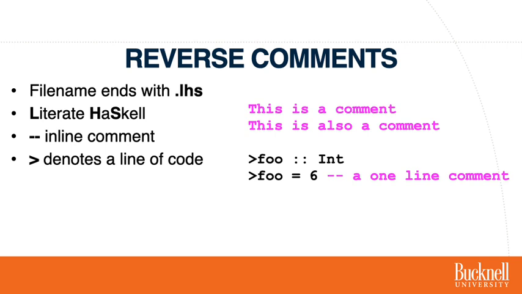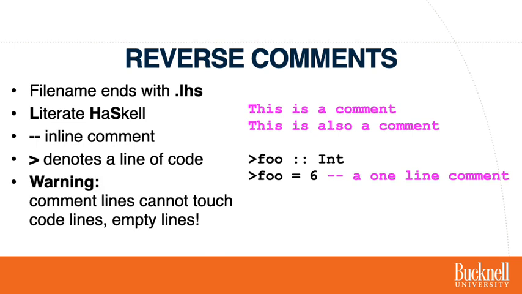So to indicate a line of code, you use a chevron. Whereas text, you don't use anything to indicate that it's just a comment. It's important to note when using reverse commented Haskell, comment lines cannot touch code lines. Use empty lines to separate them, as shown in this example.